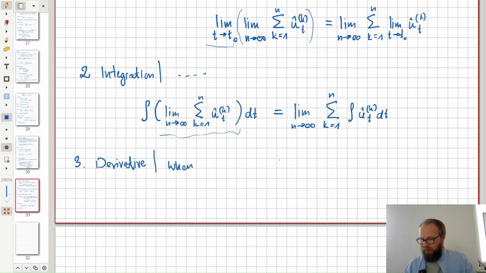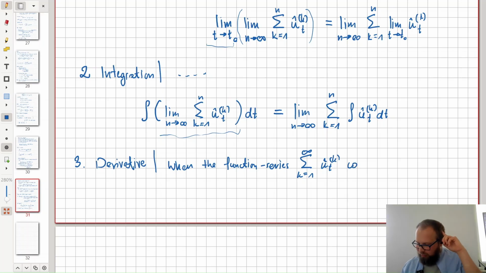When the function series, the sum k=1 to infinity of u_k(t), converges, wait, I lost my place.